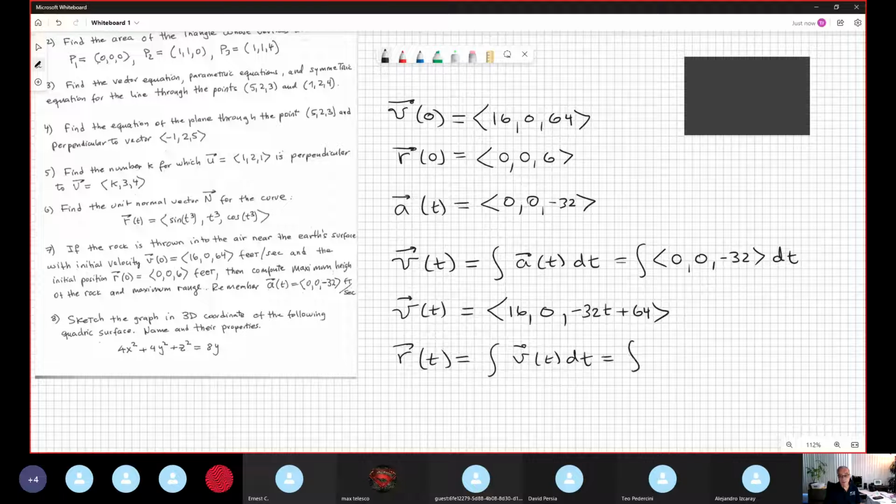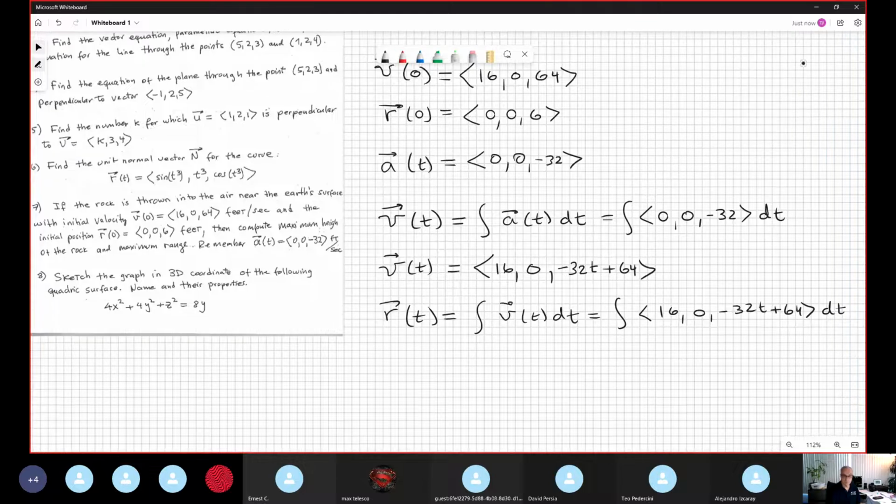Actually, the only thing you should do is take the antiderivative of this vector, 16, 0, and negative 32t plus 64. The antiderivative of 16 is 16t plus a constant, but the initial position's first component is 0.